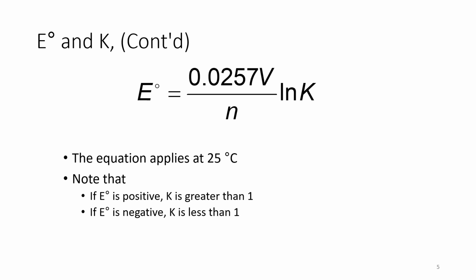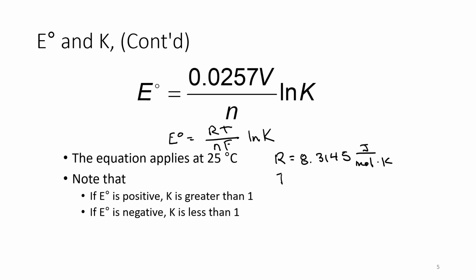So here again we have the fact that our E naught is equal to RT over NF times the natural log of K. R is 8.3145 joules per mole Kelvin, so remember that we're going to use that one.